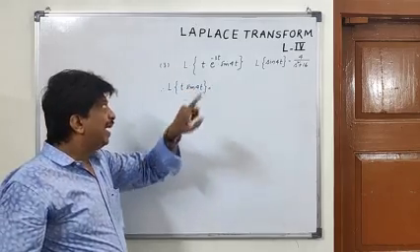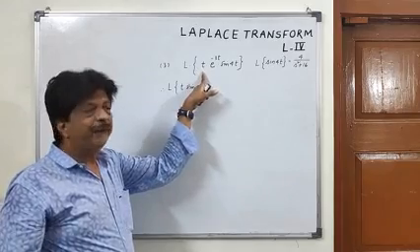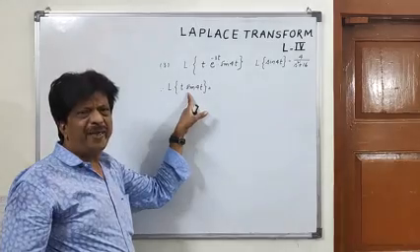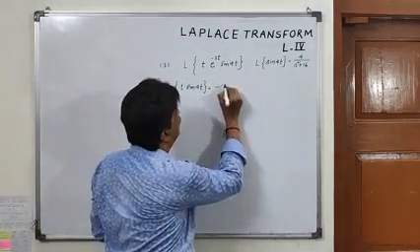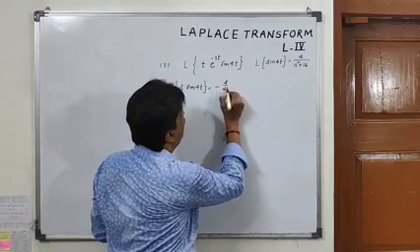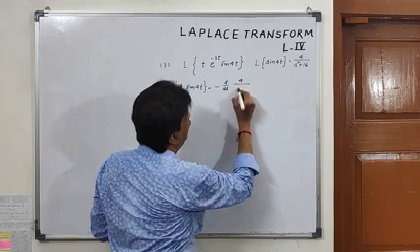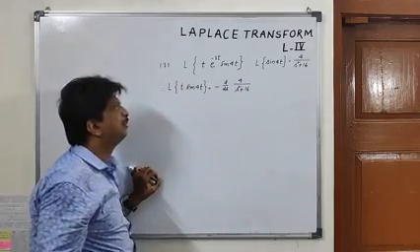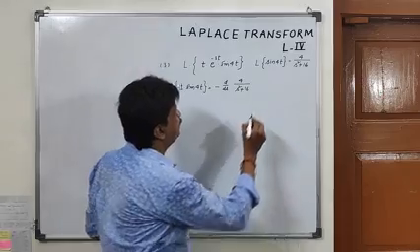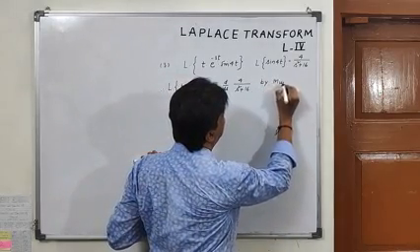I am first multiplying by t and using the multiplication by t property. So by the multiplication by t property, it is minus d by ds of this f of s, 4 upon s square plus 16.